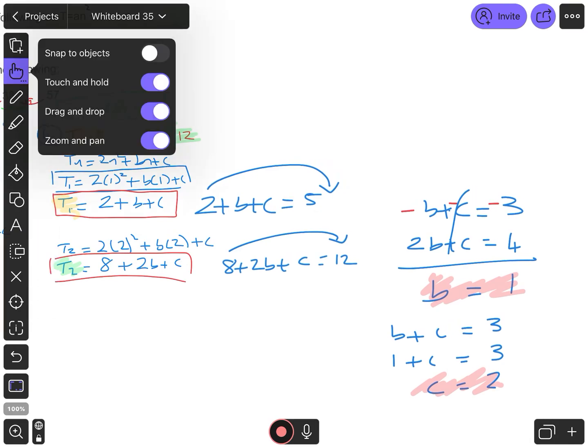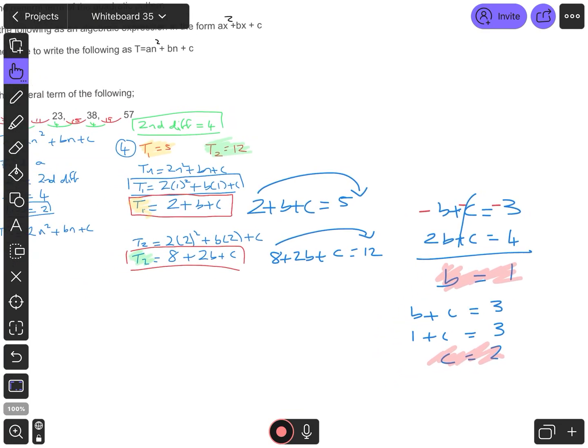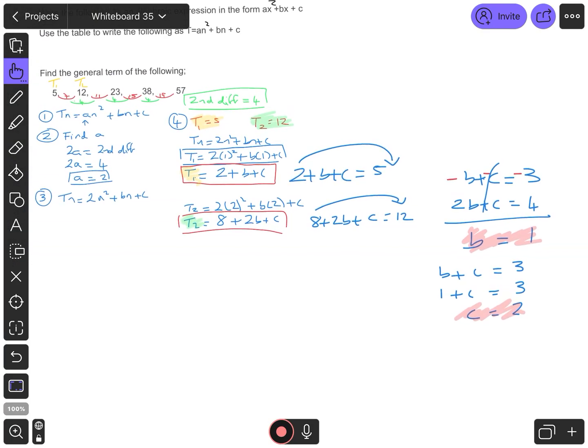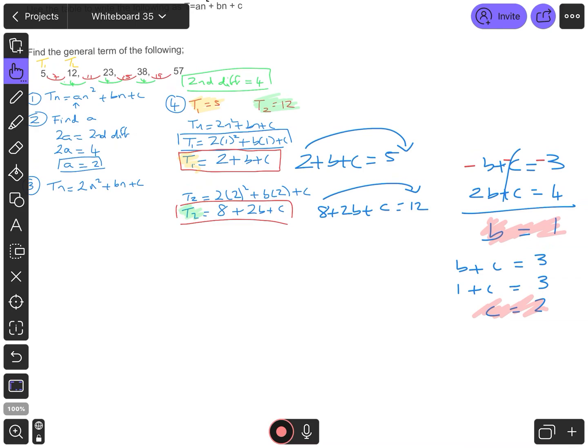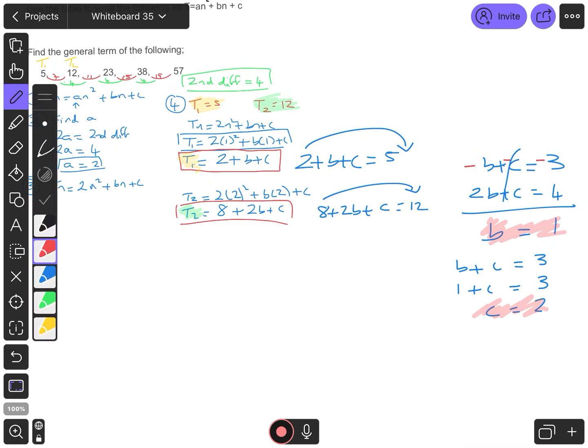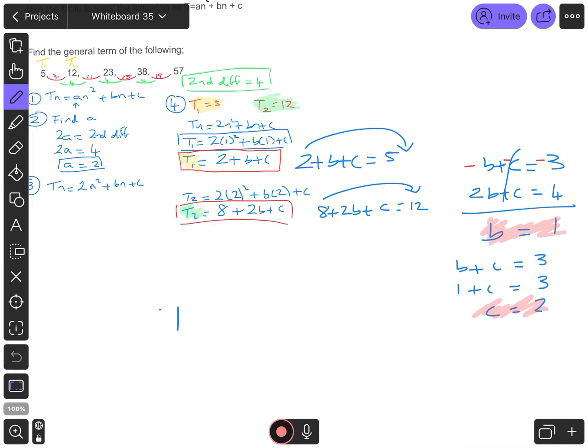So if I go back here, there's my whole question. And I can see that my answer is going to be Tn equals, I had my a from step 2 up here, that was 2n squared.